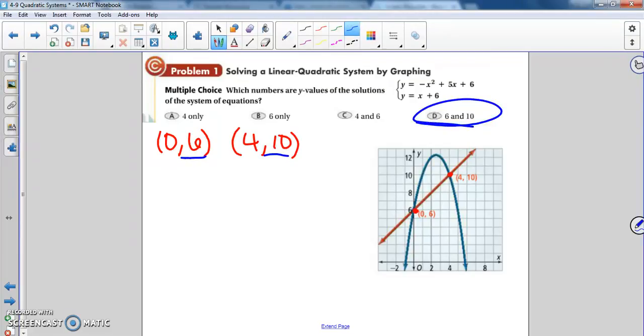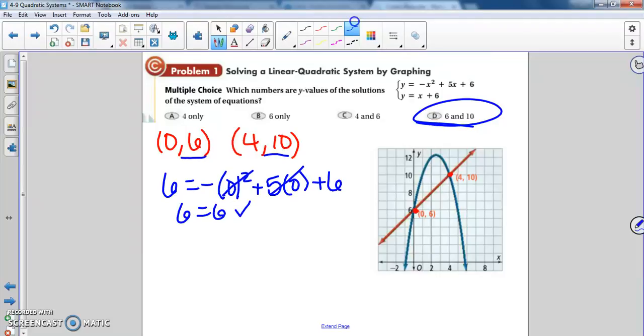You could check our solutions by plugging them into our equations in the system. So 6 could be equal to the opposite of 0 squared plus 5 times 0 plus 6. So 6 is equal to 6. Check.